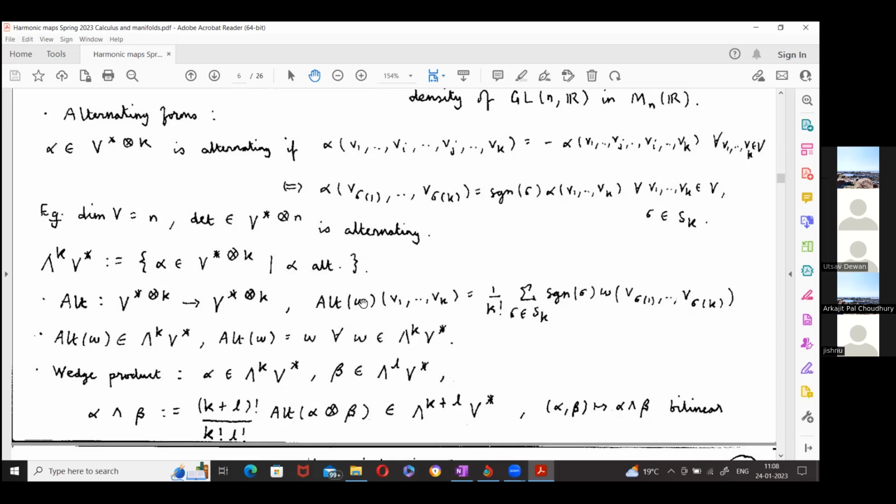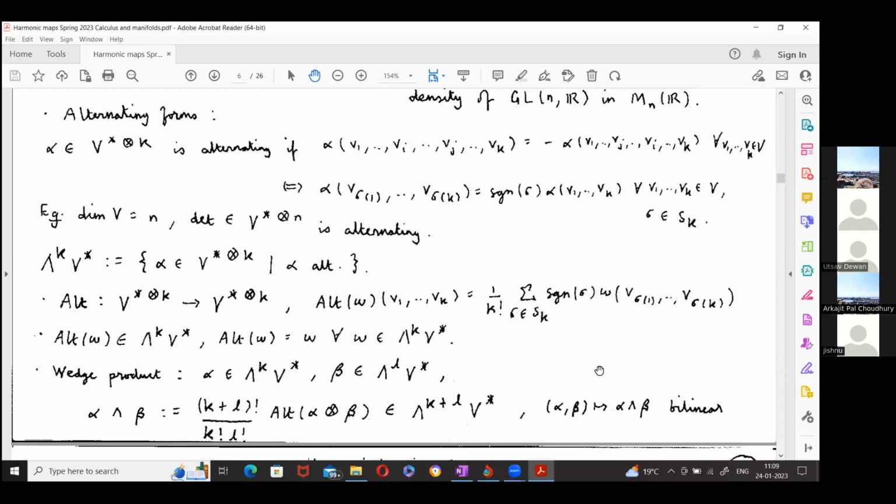Alt of a k-multilinear function omega is another k-multilinear function, Alt omega, which acting on k vectors v_1 to v_k is 1 over k factorial, sum over permutations sigma in the symmetric group S_k, sign of sigma times omega of the permuted vectors v_sigma(1) up to v_sigma(k).